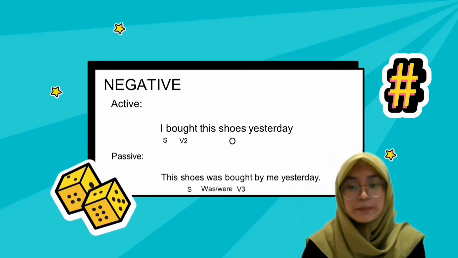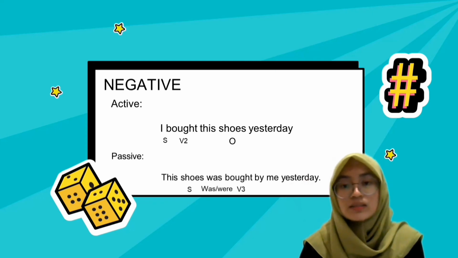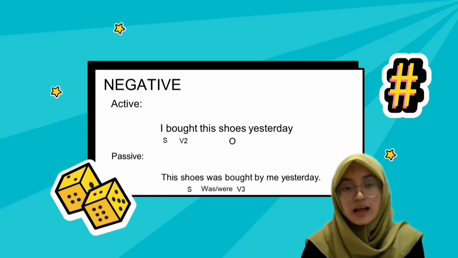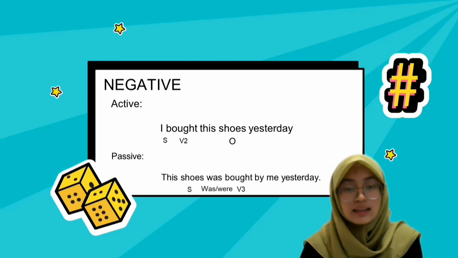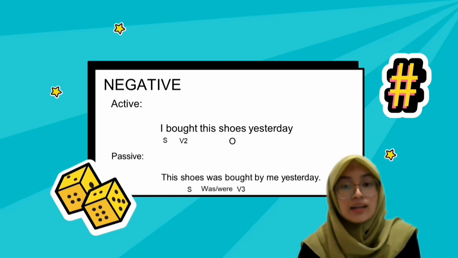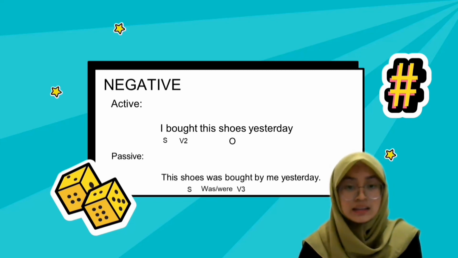Okay, next example. So we have an active sentence from simple past tense and the sentence is, I bought these shoes yesterday. We know the formula of simple past tense in active voice is subject plus verb 2 plus object. So in the sentence, I is the subject, bought is verb 2, shoes is the object.